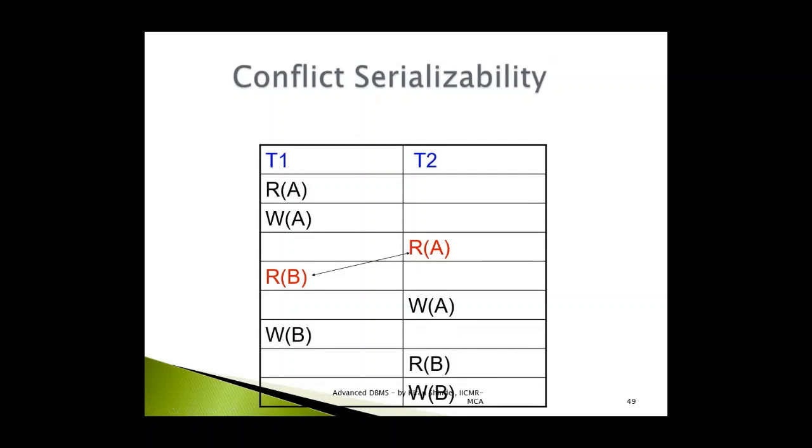On top of it, the reads are happening on two different data items. So this is a 100% non-conflicting pair. We can swap this pair, and swapping means we are just changing the position of these instructions in the sequence. So read B will go up and read A will come down. That will be the first swap.